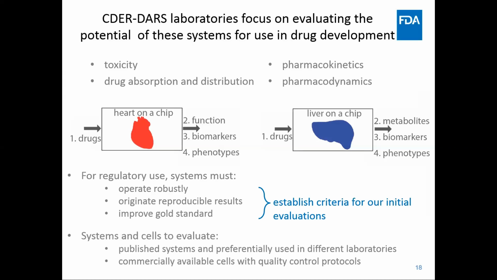We tend to work with systems and cells that have been published, preferentially used in different laboratories. And because we want to evaluate something that can be used universally, we tend to favor systems that have been demonstrated with commercially available cells and cells that have quality control protocols to ensure that we don't work with something that only us or a few labs can work with and other folks cannot work with.